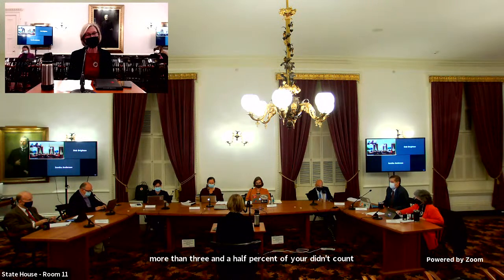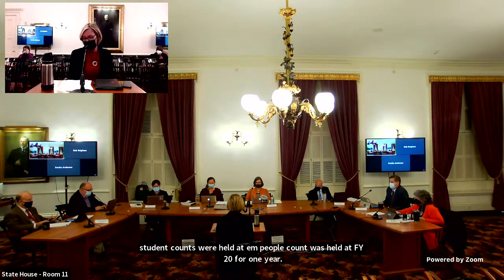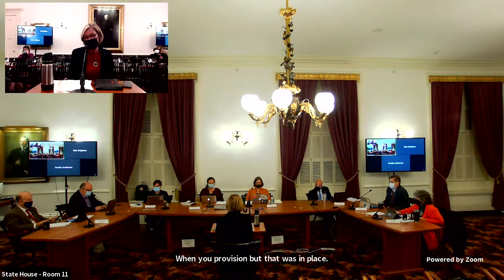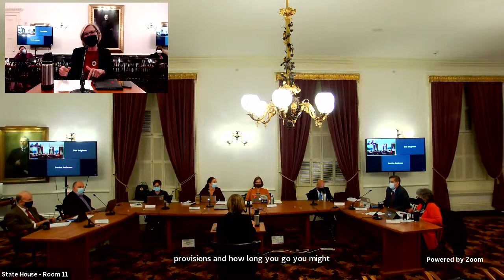I'll just point out that for this 1 year for COVID, we had the provision where nobody lost, the student counts were held. ADM pupil count was held at FY 2020 for 1 year. That was a 1 year provision, but that was in place. So depending on your transition provisions and how long you go, and what else you're doing in your transitions, you might or might not want to keep this 3.5%.